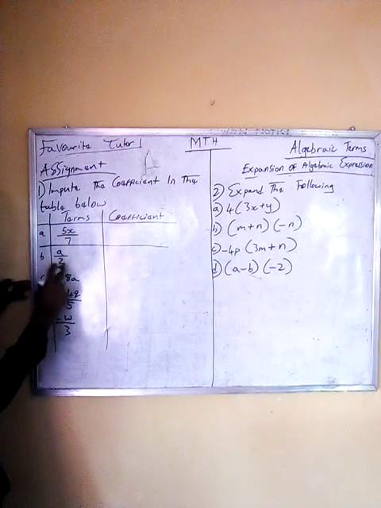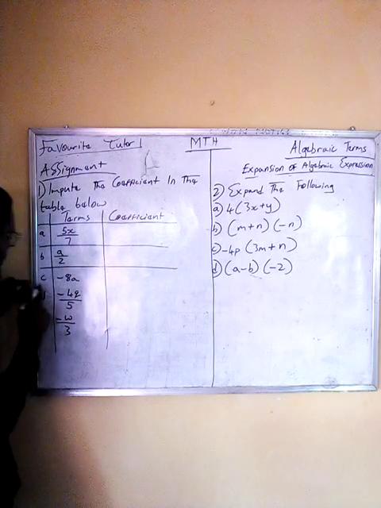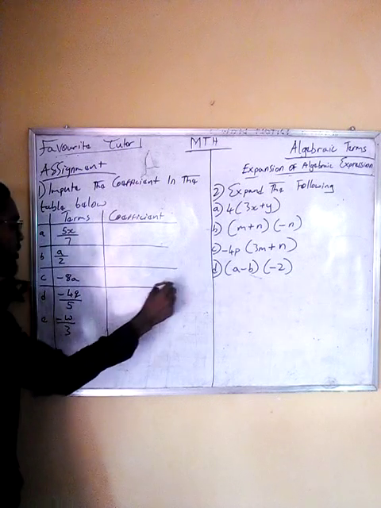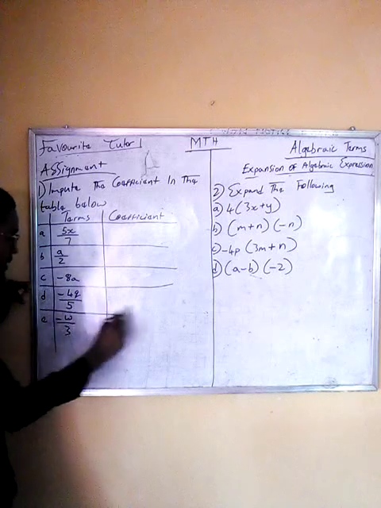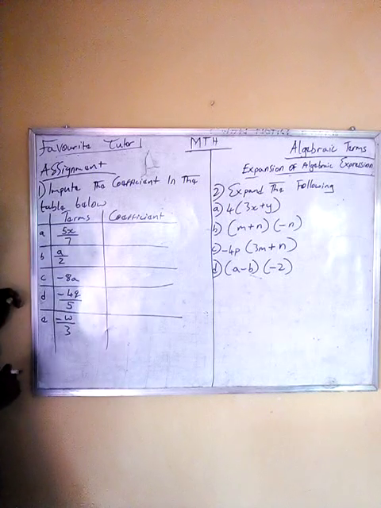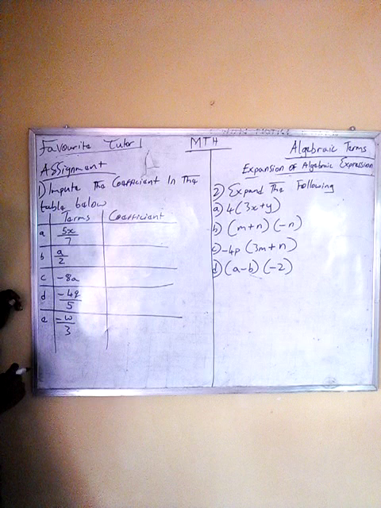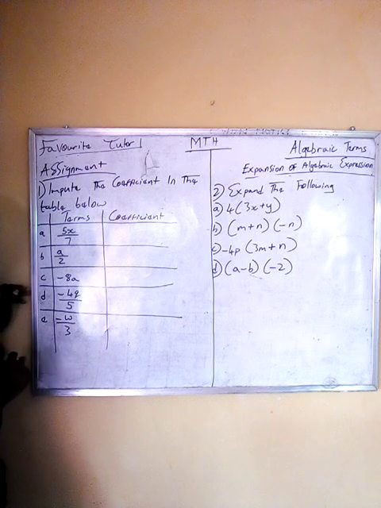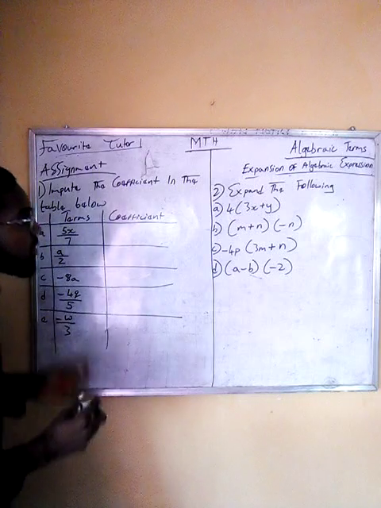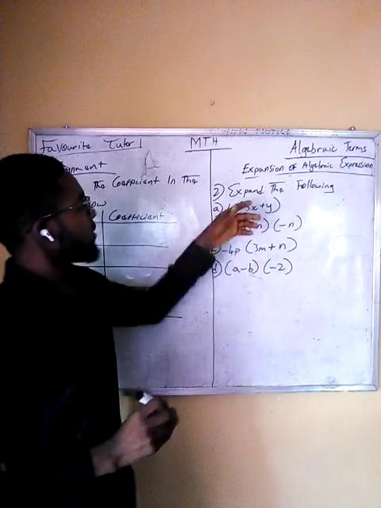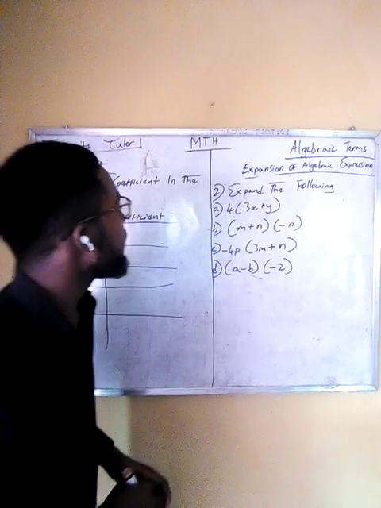B, a over 2. C, minus 8a. D, minus 4q over 5. E, minus w over 3. So we impute the coefficient. While the second one, expand the following.